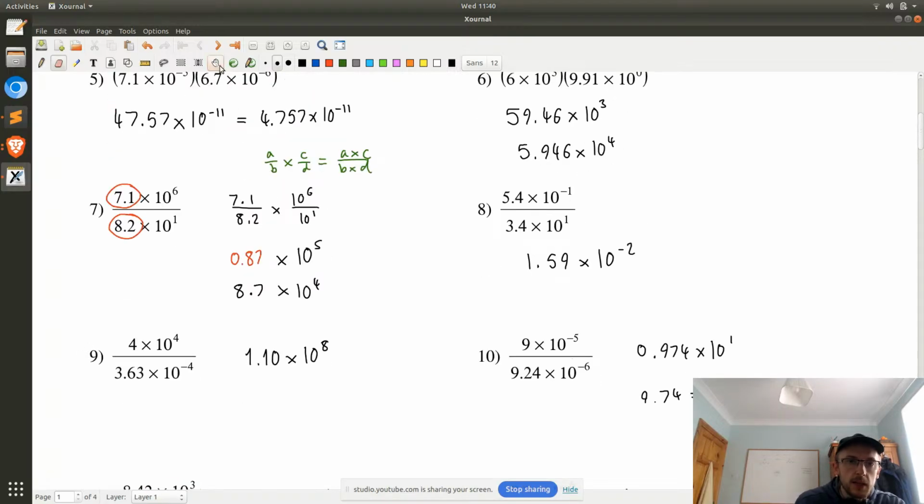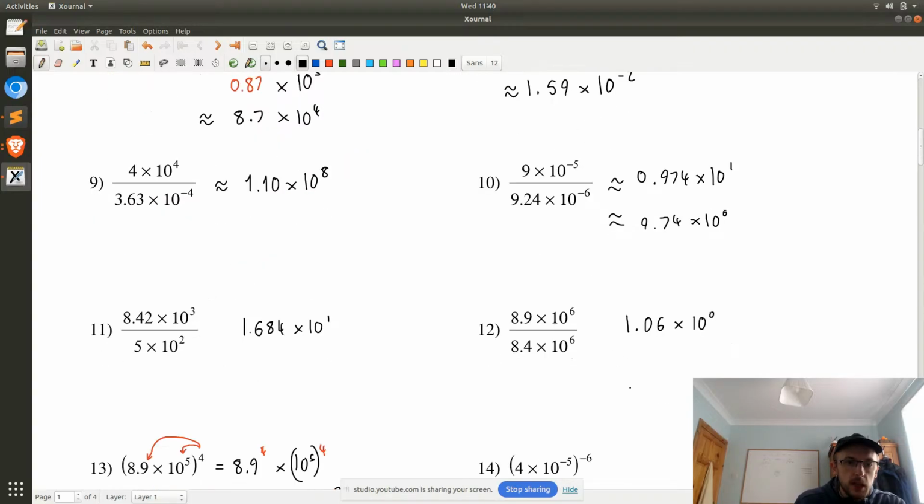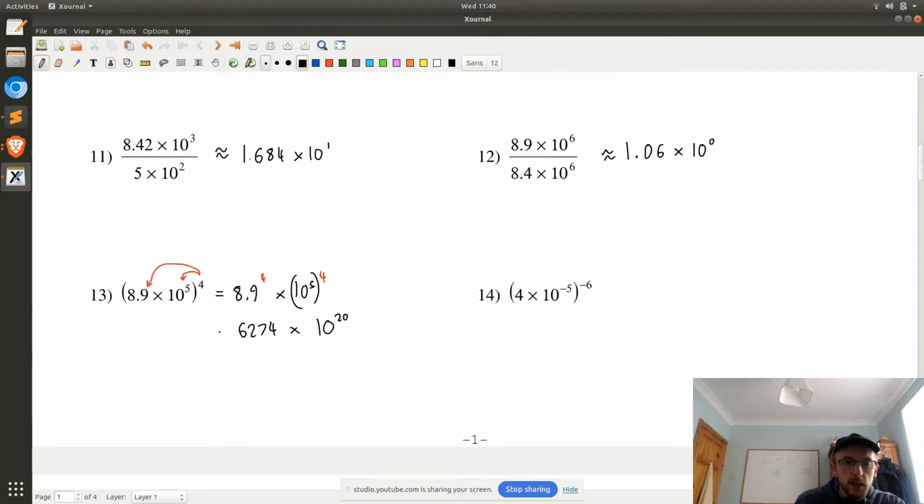That needs to be corrected. There. See? Much better. Because it's true. Likewise here and here. Now here, it became an approximation right now.